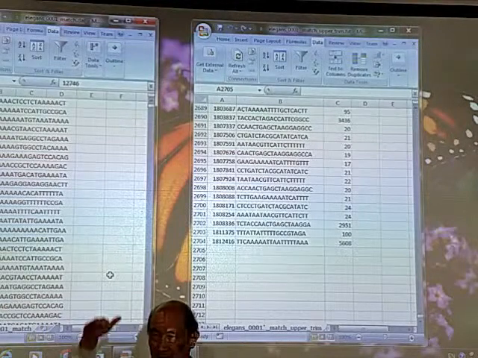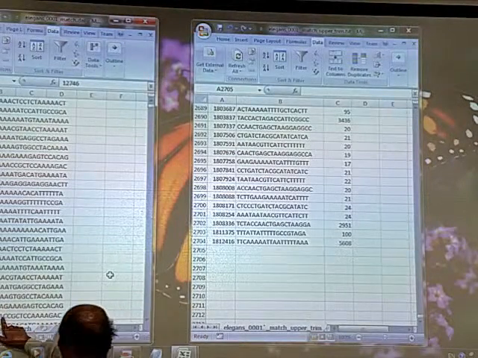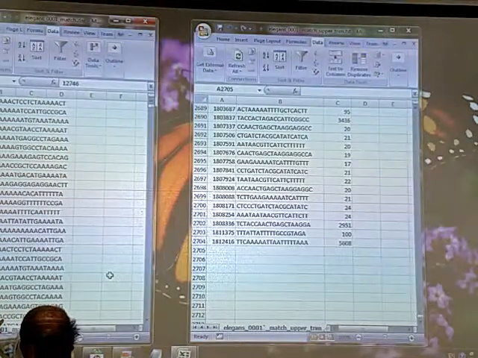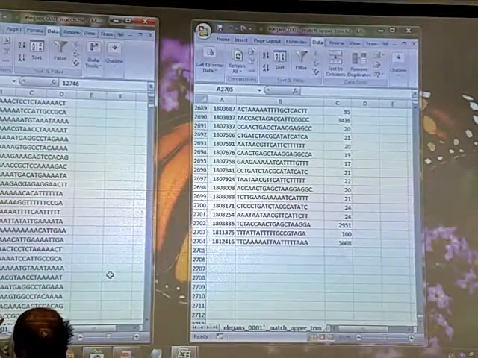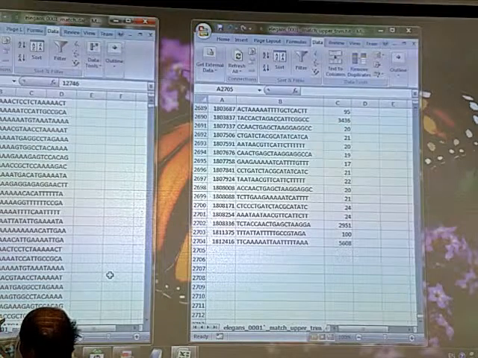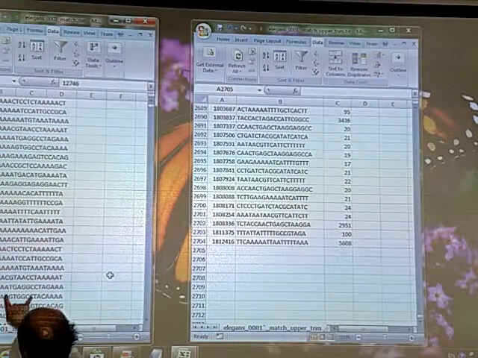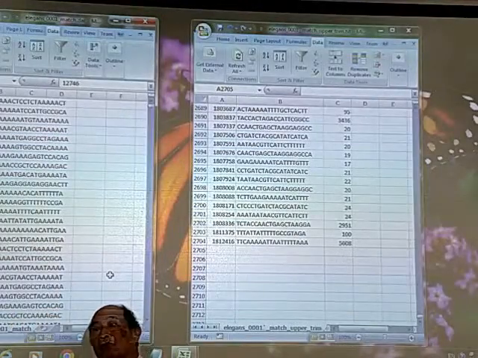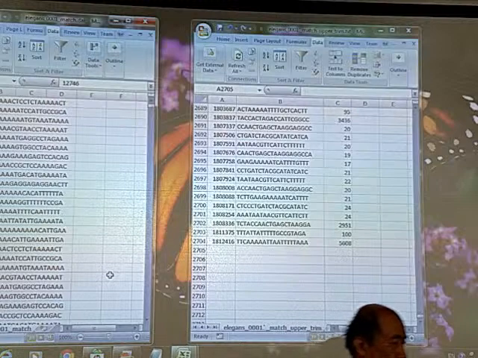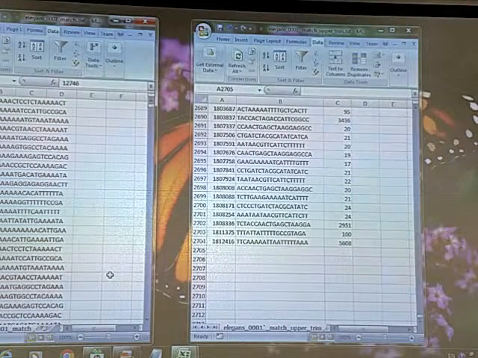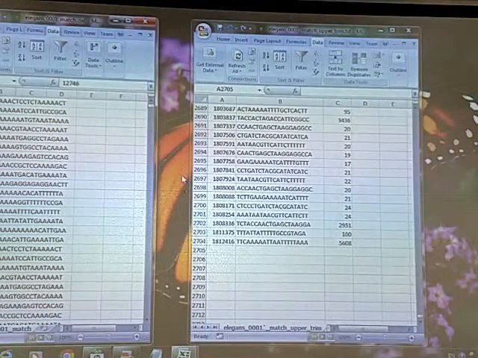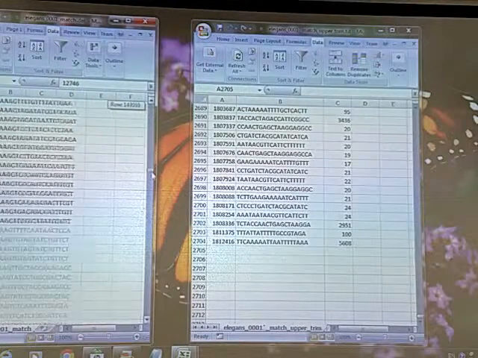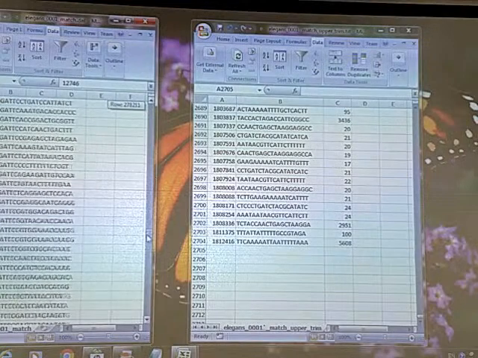So you just identify that they are in the same thread, so they have the same 6 base pair head, and you just have to match the rest of the 14 base pair. And if they match, you can identify them. So here you can see lots of it, right?